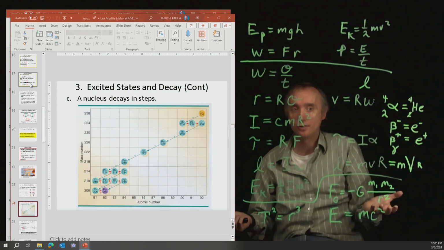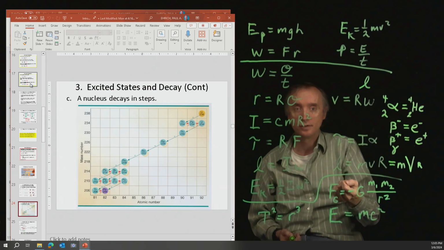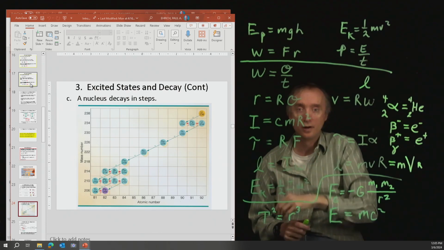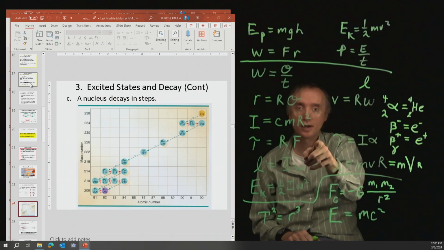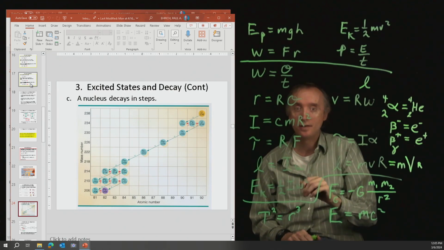You can start with one radioactive substance and it turns into a whole bunch of other radioactive substances. Eventually it does decay into something that's stable. In this particular case, it's turning into lead. But lead is not the most stable element. It would be iron.